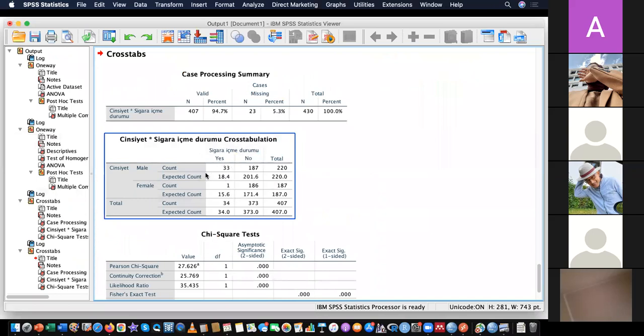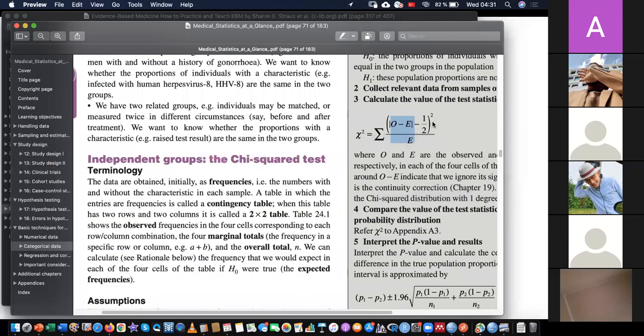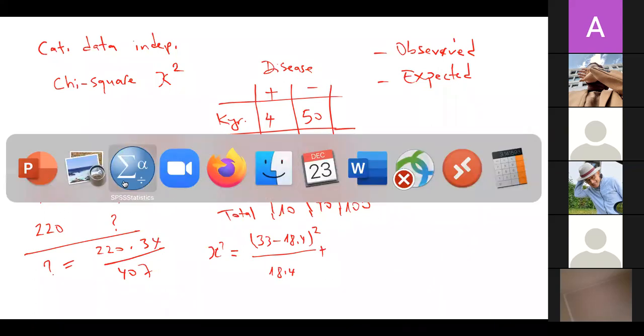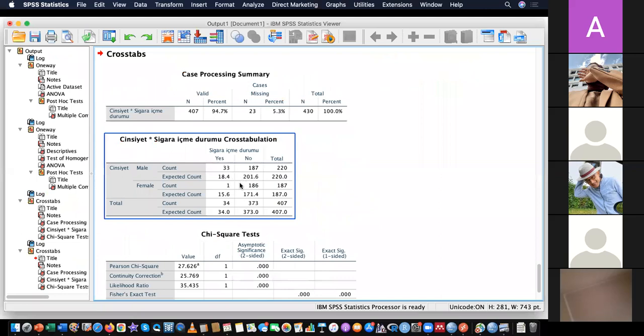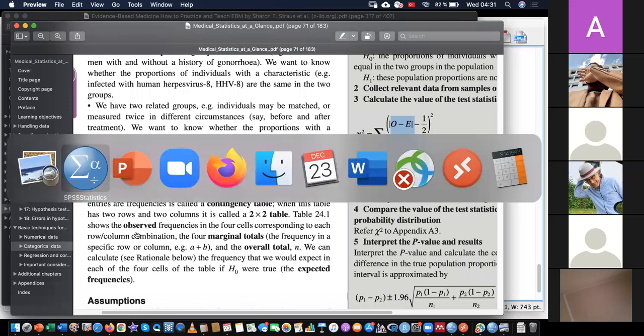The first cell observed is 33 minus expected 18.4, squared. I am omitting the minus 0.5 continuity correction. Divided by expected, 18.4, plus as many cells as I have. I have to do this calculation because you see there's a sigma here. Sigma means calculating all the possible combinations.